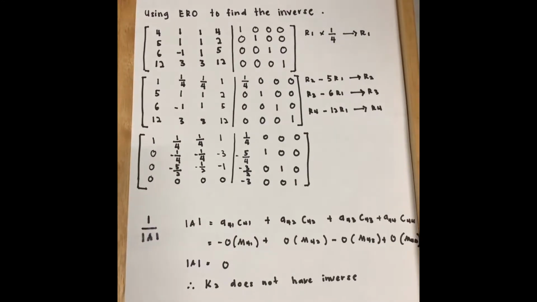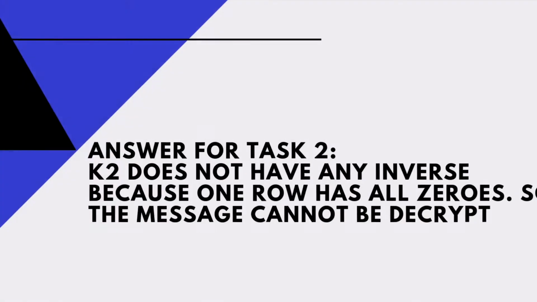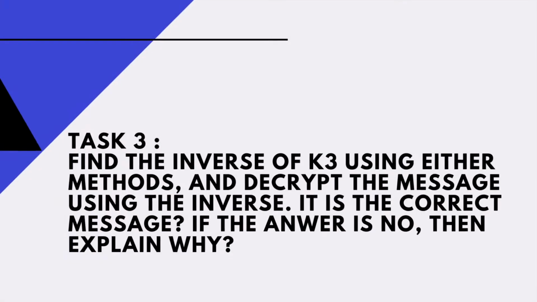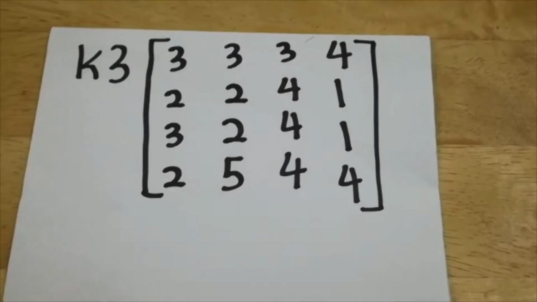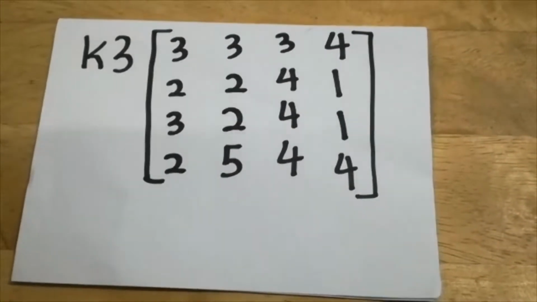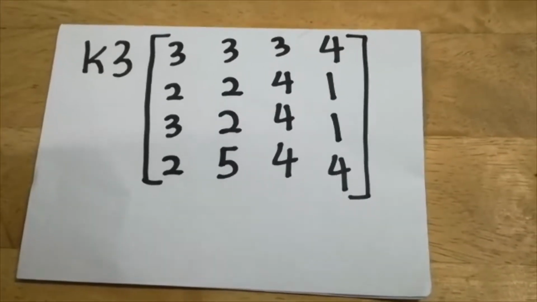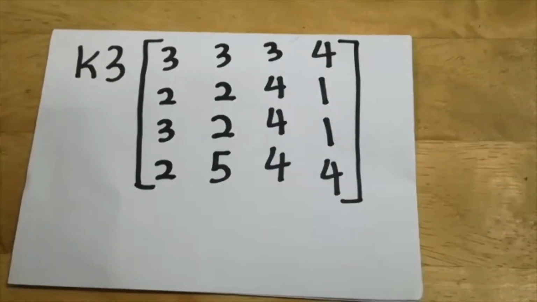So we proceed with K3. Okay guys, this is the K3 matrix and we need to find the inverse of K3 using the ERO method. There are 16 steps to find the K inverse using the ERO method.